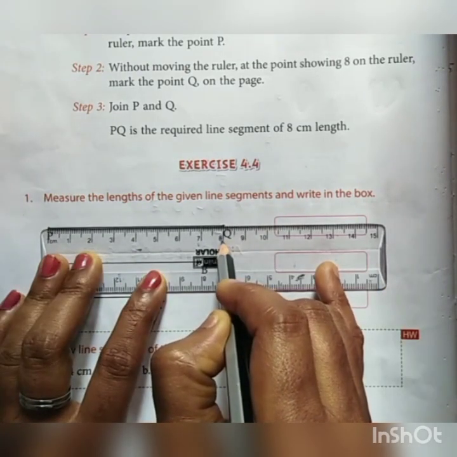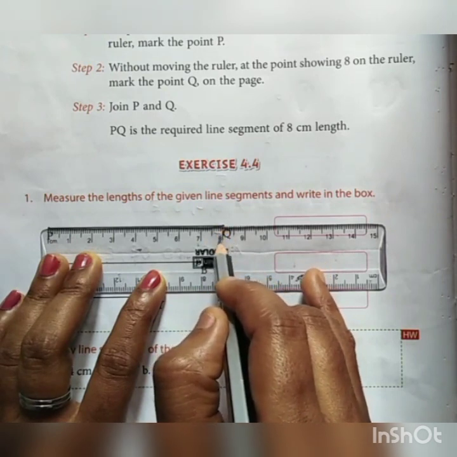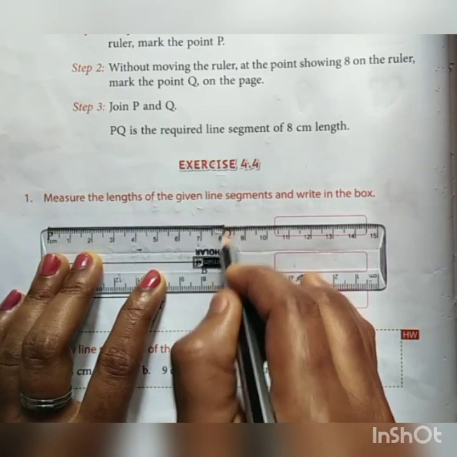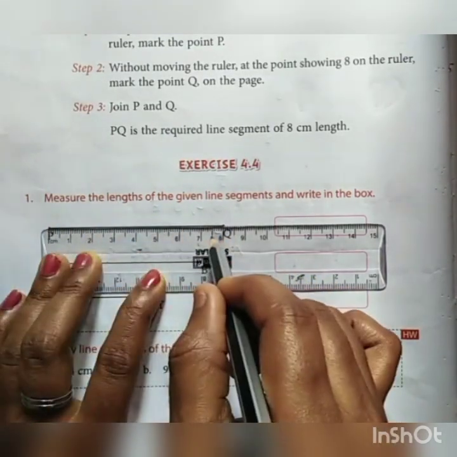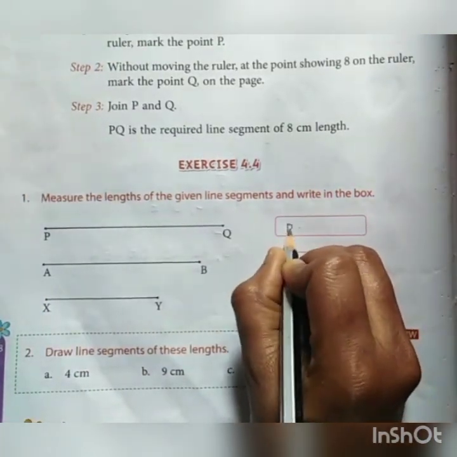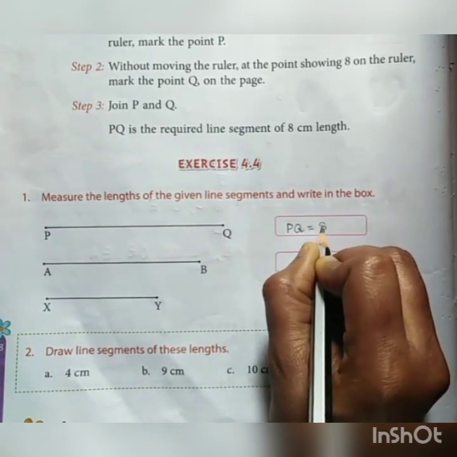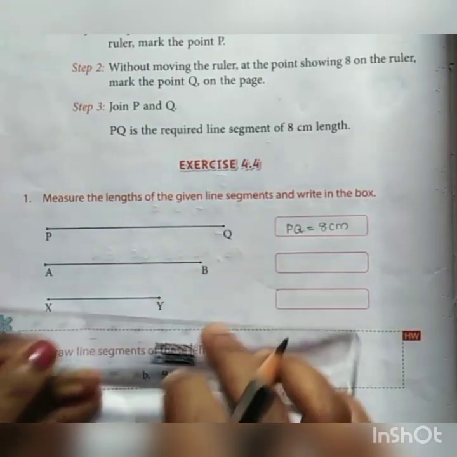And the reading on the ruler where the second end point lies is the length of the line segment. The number at which the second end point lies is 8 centimeter. So, the length of this line segment PQ is 8 centimeter. So, we can write PQ equal to 8 centimeter.